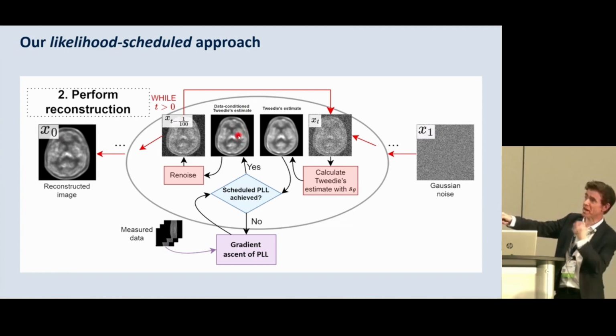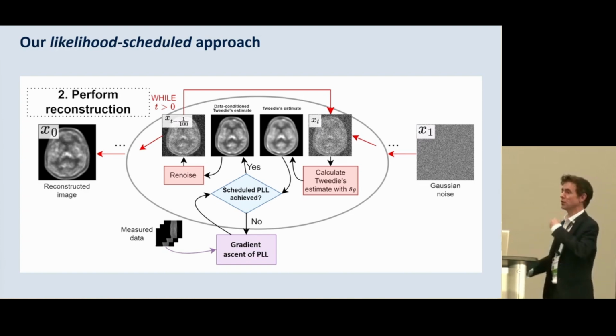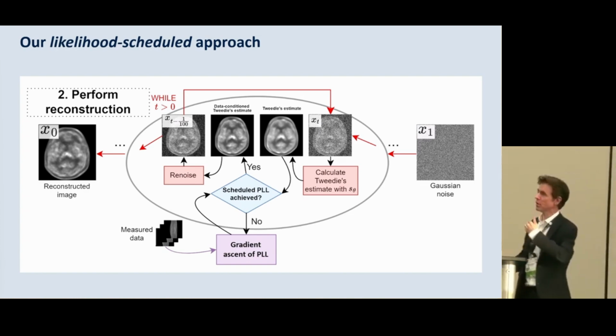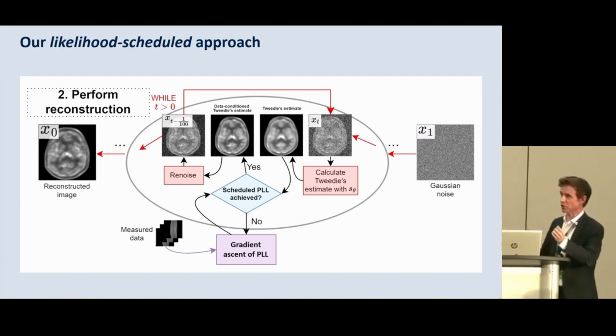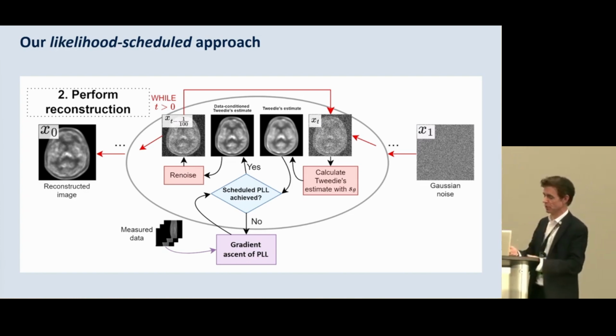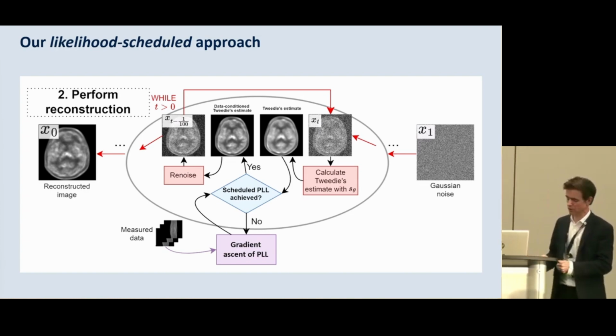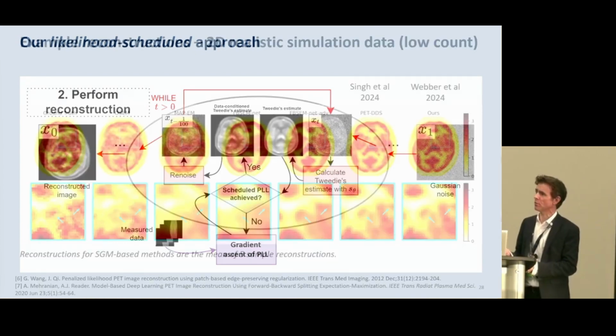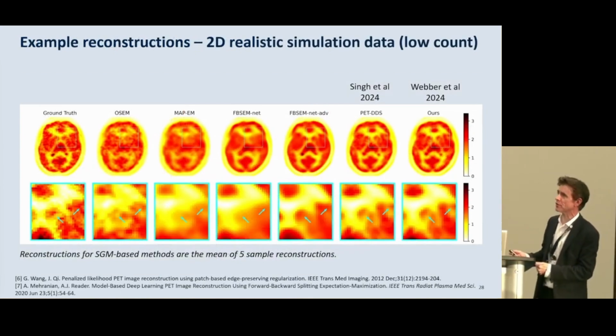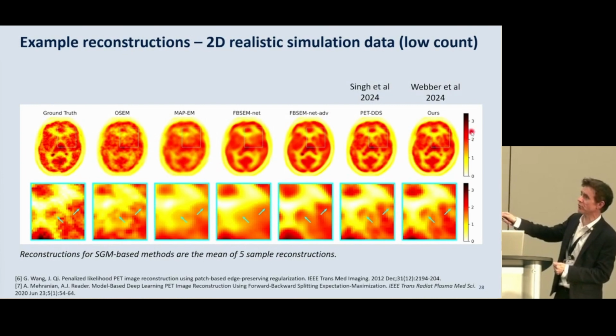And then, of course, we need to get back into that generative pipeline. So we renoise it to get to this corresponding time step, and then we can go around again. We can denoise, improve consistency with the data, and then renoise to enter back in. And so we're just toing and froing between the Poisson log likelihood and the generative model. So if you do that, you get the results shown on the right-hand side here.